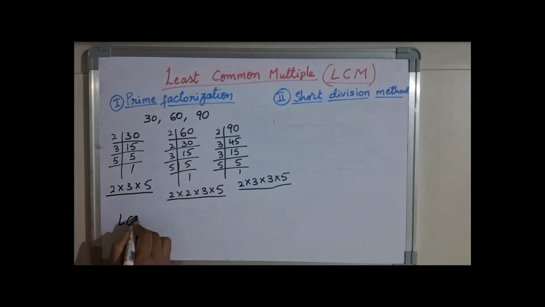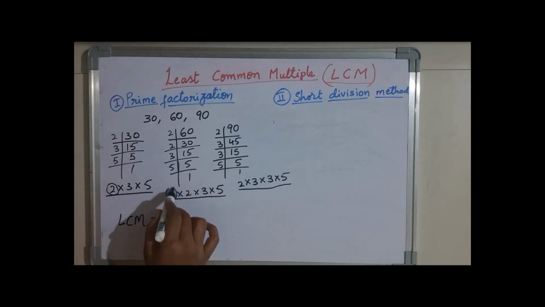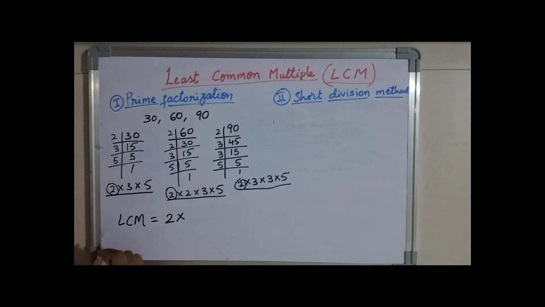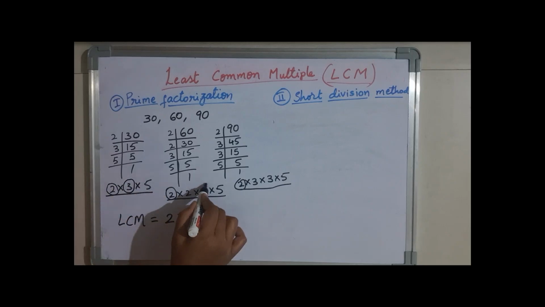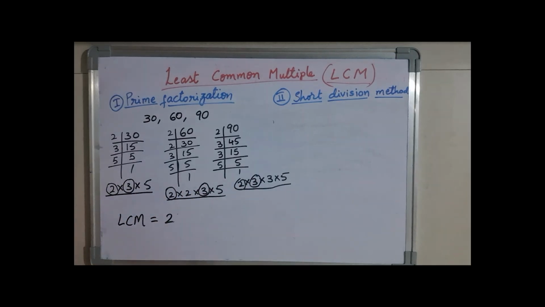Now our LCM will be what? Whichever number is common, we take it only one time, so 2 multiplied by. Our next common factor is 3, so multiplied by 3.